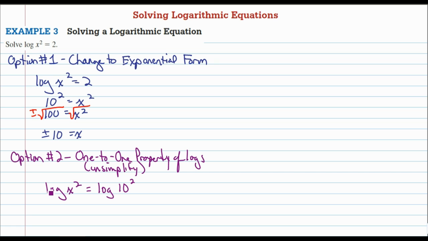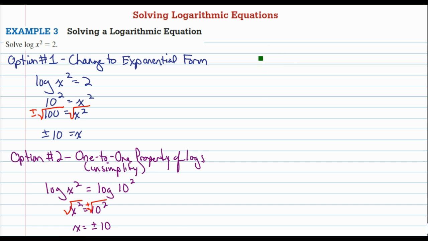Well, now if I have this property, the one-to-one property that says the log base 10 of x squared equals the log base 10 of 10 squared, implies that x squared equals 10 squared. And I'm back to where I was in the previous example, where I would take the square root of both sides, of course not forgetting the plus or minus, and then x equals plus or minus 10.